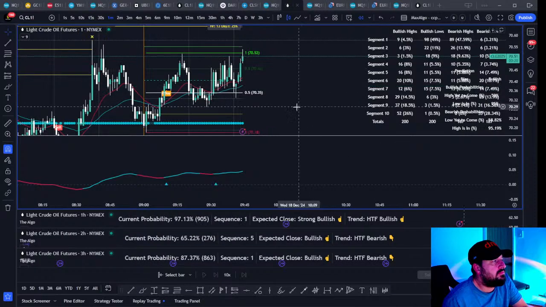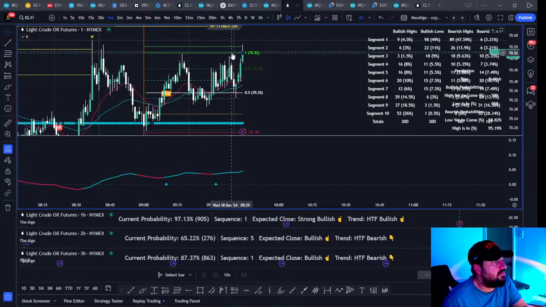CL taps what would be the 1R, above the 0 line, strong bullish. GG, well done.